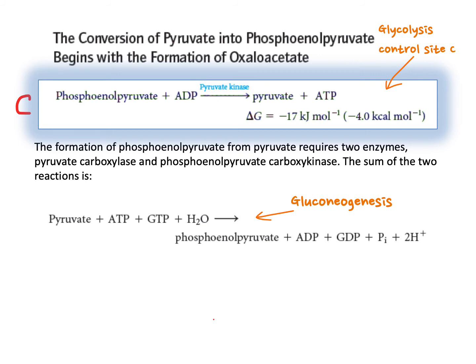That's what happens: when pyruvate changes to phosphoenolpyruvate, not only are two new enzymes involved, you also need to couple two high energy phosphate compounds, ATP and GTP, two of them, to make it move in the reverse direction. I hope that makes sense.